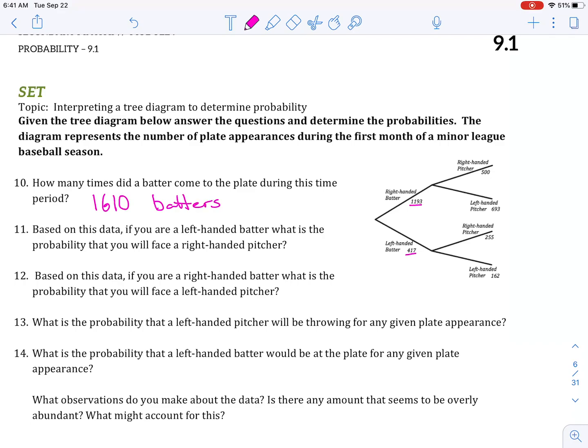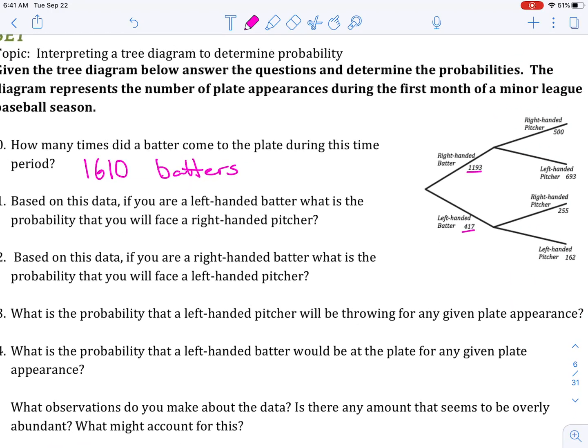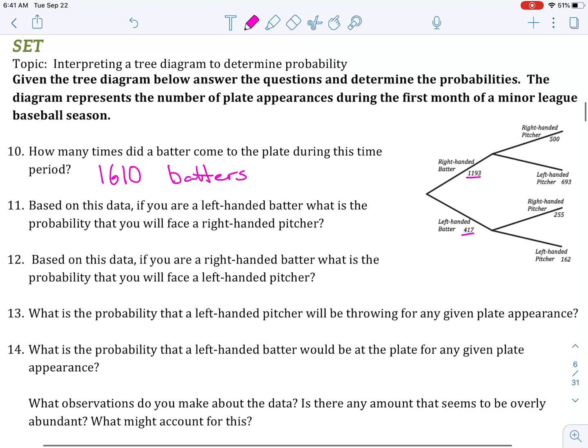Okay, number 11, based on this data, if you're a left-handed batter, what is the probability that you will face a right-handed pitcher? The way that this is going to be presented more on tests is in probability notation. So this would be, just give me a moment to write it out for you. If you're a left-handed batter, what's the probability you'll face a right-handed pitcher?